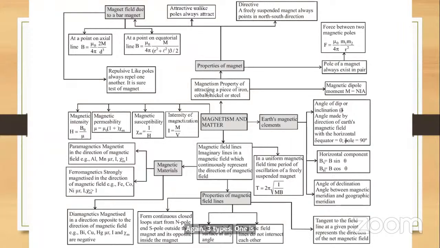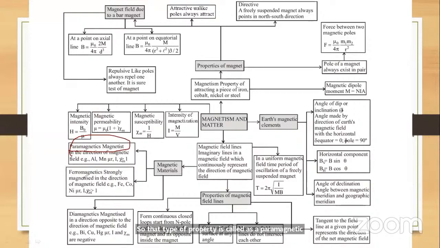What is diamagnetic? Diamagnetic is a material which doesn't show magnetic property, that means it opposes the magnetic property. What is paramagnetic? Paramagnetic materials show some magnetic property, but after some time the property vanishes.